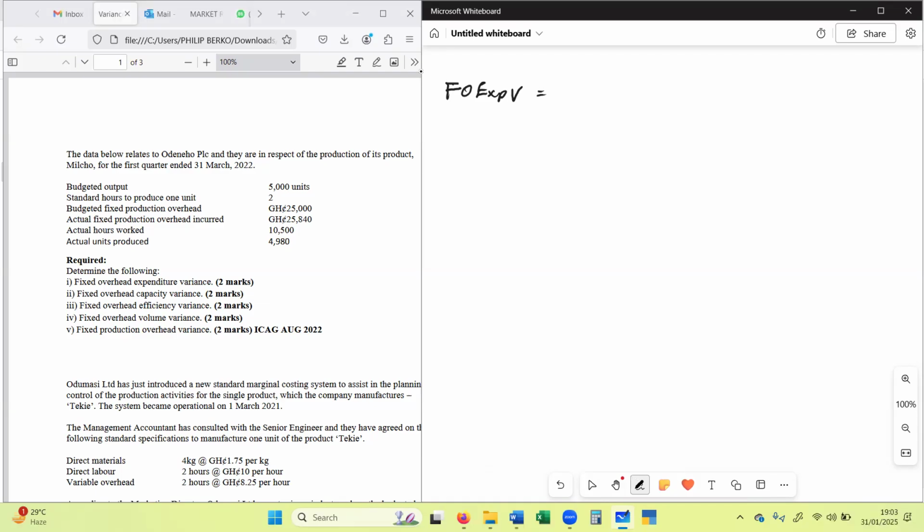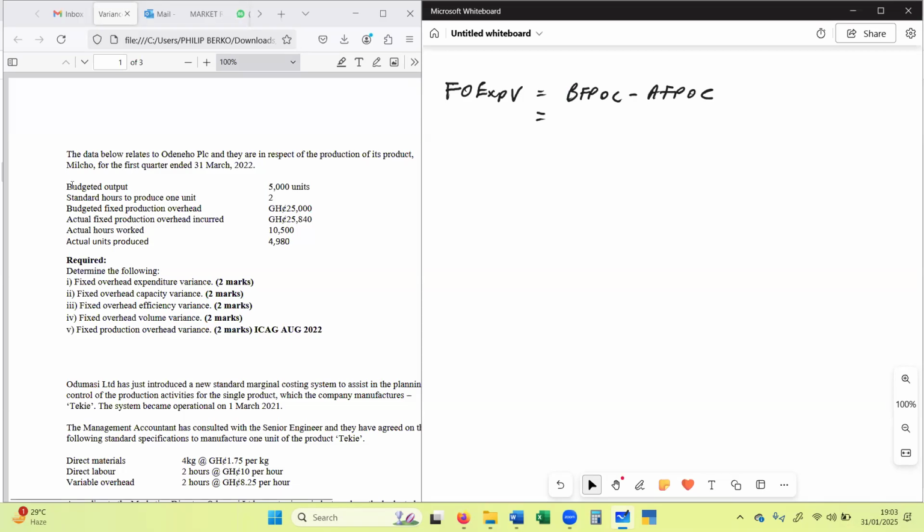The expenditure variance is budgeted fixed production overhead minus actual fixed production overhead. So if you want the budgeted fixed production overhead, where is it?